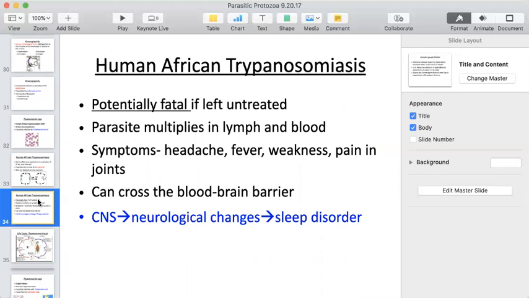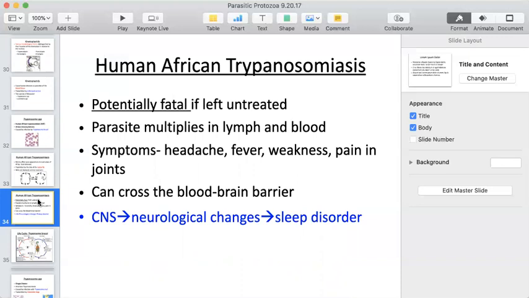Once the human host is bitten by the fly while it's trying to take a blood meal, the parasite is injected into our body, and it gets into our bloodstream. This parasite is multiplying in the lymph and in the blood.